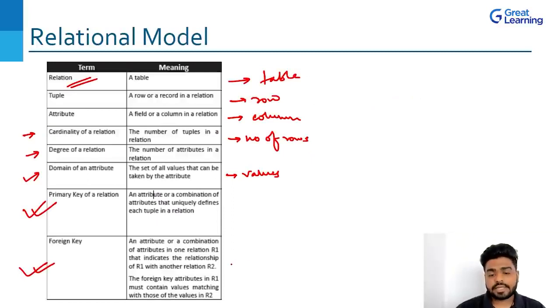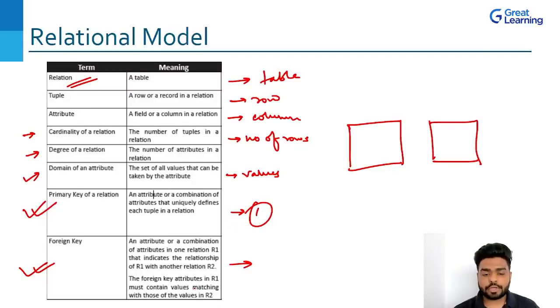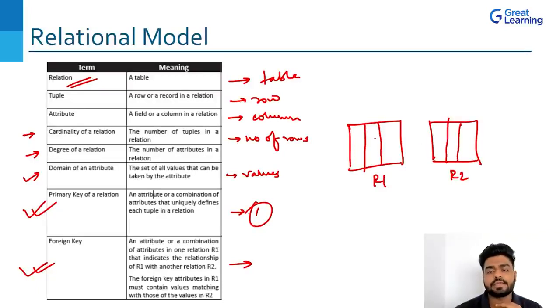Now understand, if you have two tables, I'm saying two tables, okay? In primary key, each and every table should have one primary key. When you talk about foreign key, we talk about two tables. Let's say relation 1 and relation 2. Now here we have some columns and here we have some columns, okay?